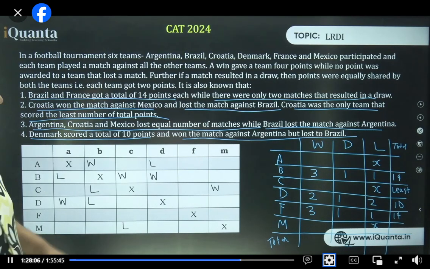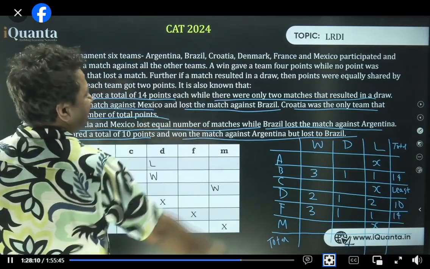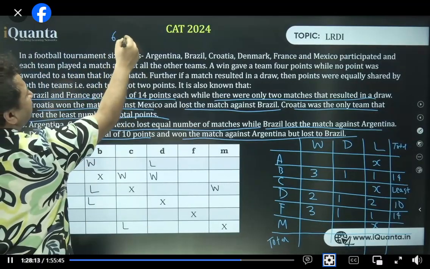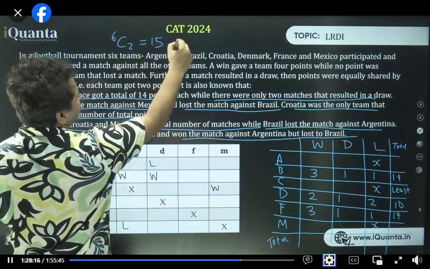Cool. Okay. Now tell me how many total matches have been played. We have 6 teams and it's a round robin. So 6C2, 15 matches have been played in total. That is something which all of you know.